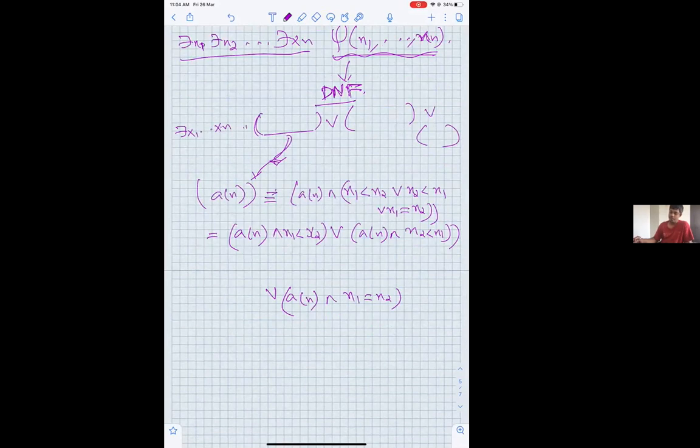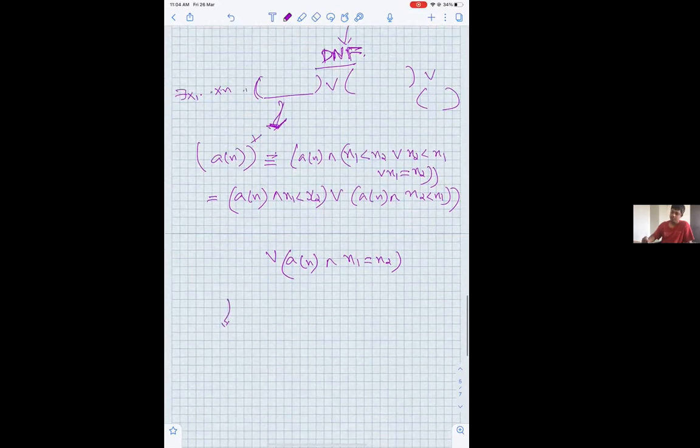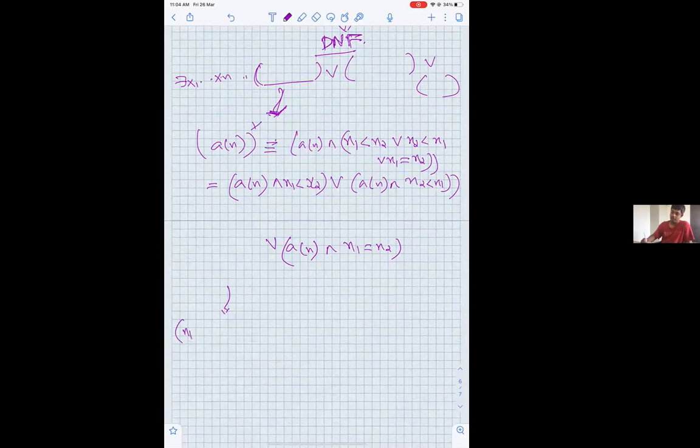Using this technique, I can assume that every disjunct here is of the form x1 less than x2 equal to x3 less than x4 and so on up to some extent. The variables might change, like x2 might be less than x1, which might be equal to x3 and so on.